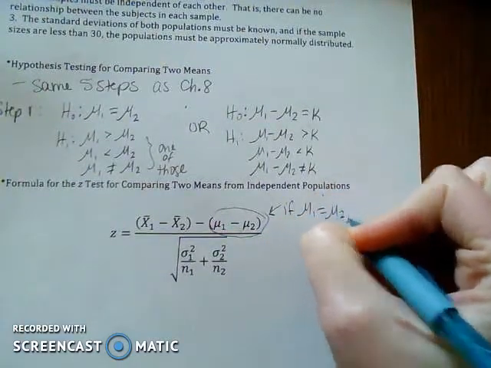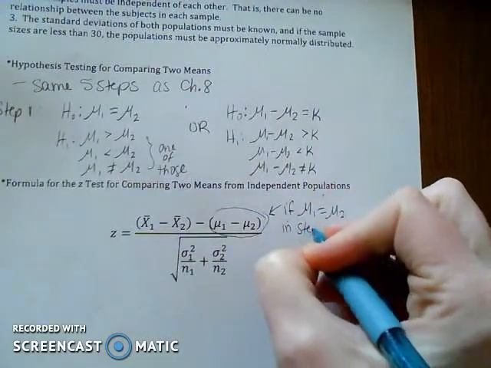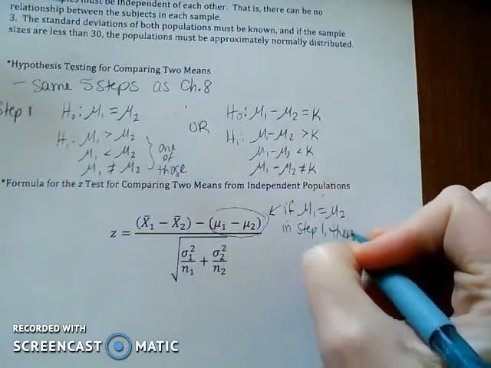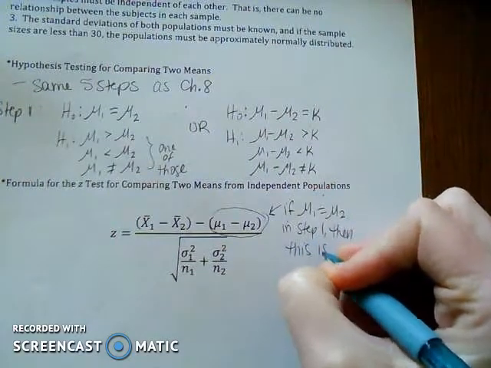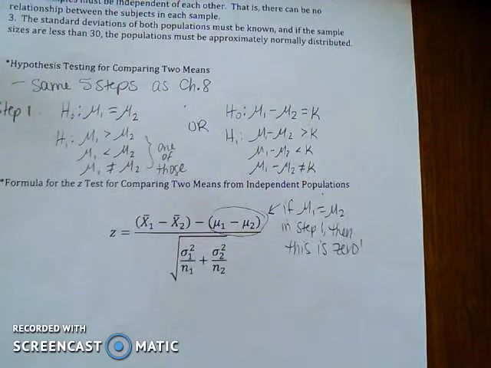So if mu1 is equal to mu2 in step 1, then this is 0. So you don't even have to type it in. Unfortunately, most of the problems are going to give you 4 means. They're going to give you 2 population means and 2 sample means.